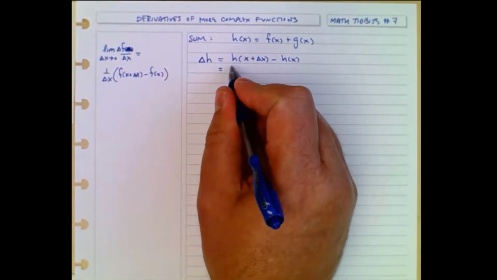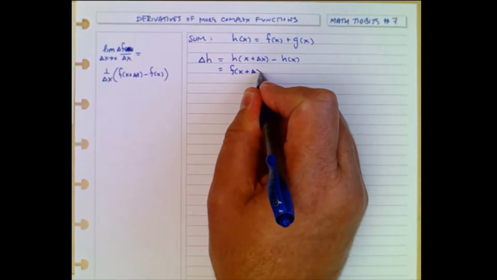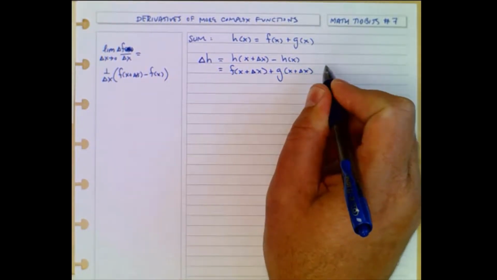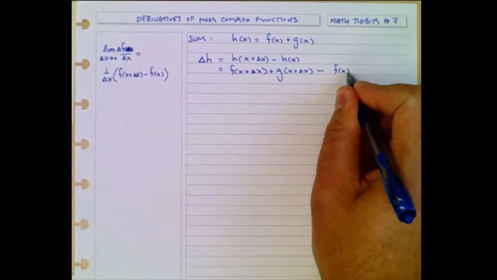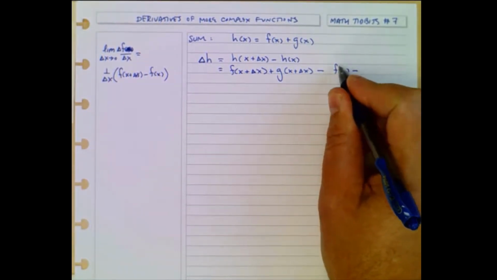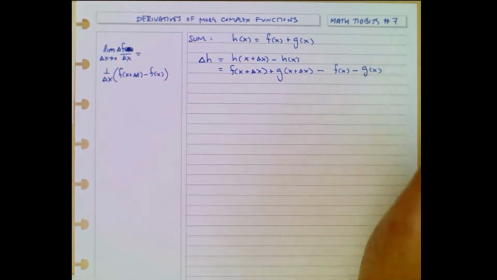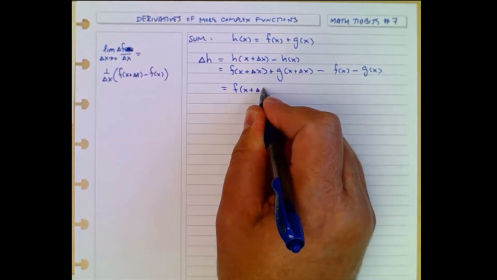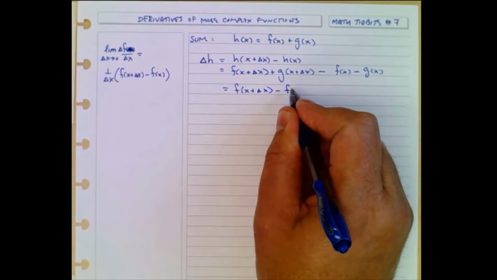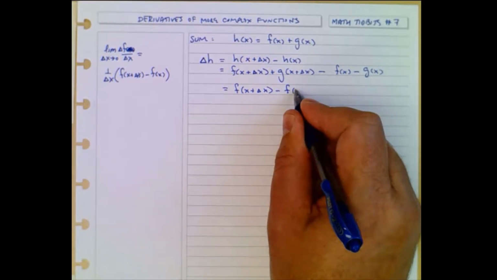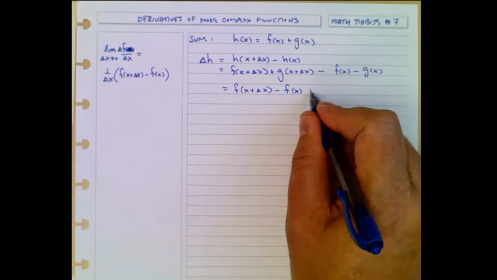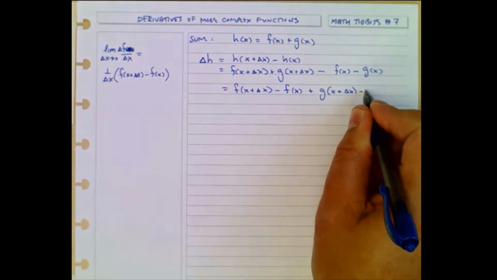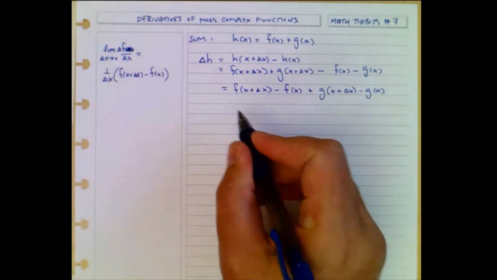So this is just f of x plus delta x plus g of x plus delta x minus f of x minus g of x. All right, well, this is just taking the difference of f of x plus delta x minus f of x, and then adding that to the difference of g of x plus delta x and g of x, just rearranging those terms.